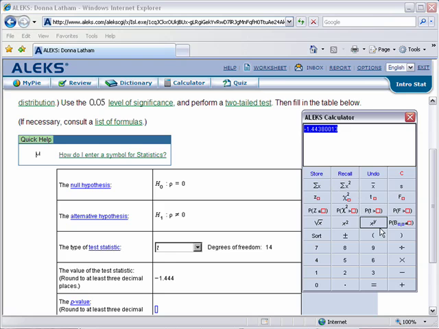So I'm going to find the probability that t is greater than, but not the negative, the positive. I don't know if it'll let me erase just the minus. It won't. That is such a bummer. And the degrees of freedom is 14, so I'll just have to put in 1.44. What if I put a minus sign in front of it? It'll let me do that. Let's see what happens. And then we're going to multiply that number times 2, and you get 0.1707, or 0.171.